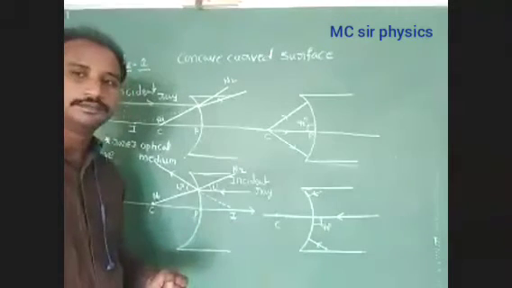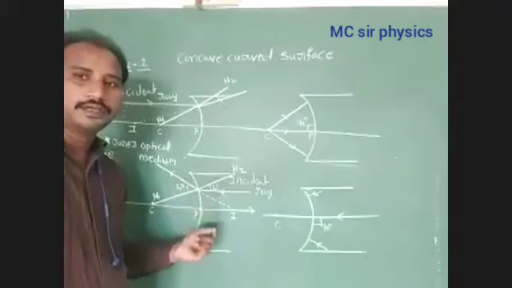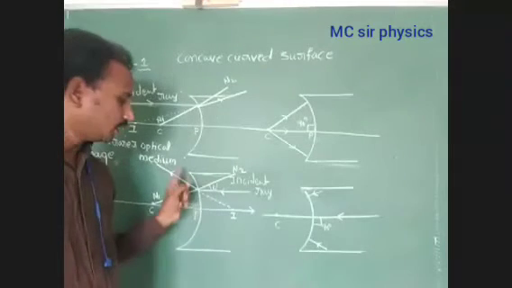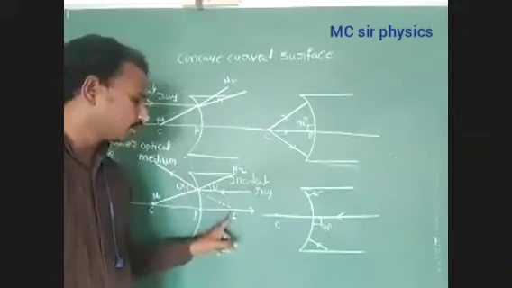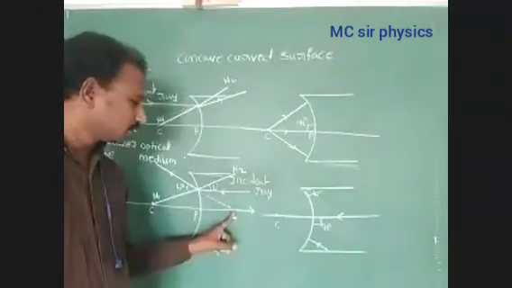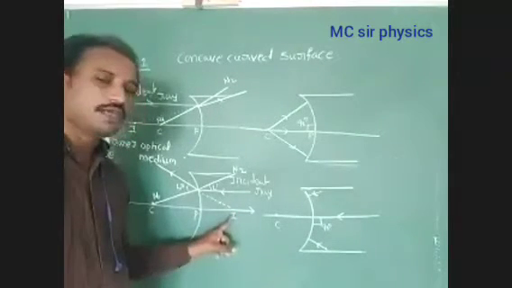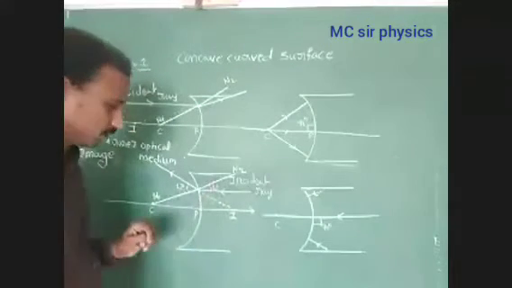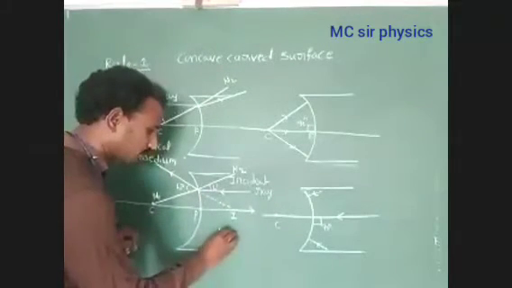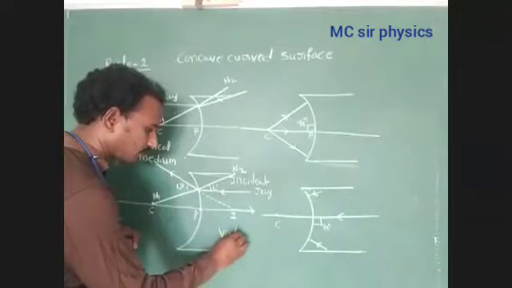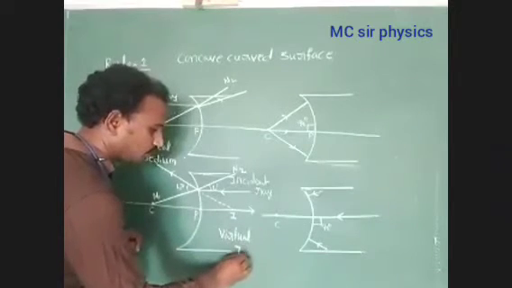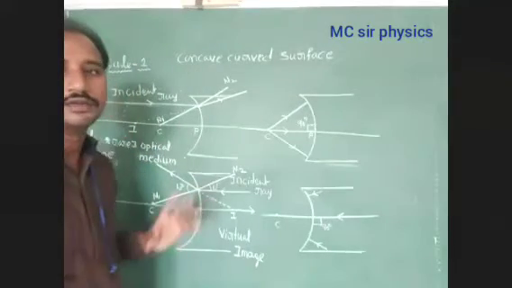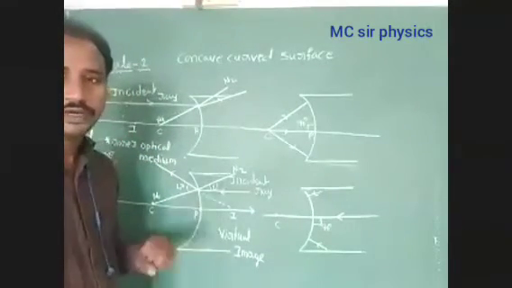Now identify this point, the virtual point. The refracted ray appears from this point. This point is also called the image formation point, and that image is a virtual image. Okay, students, do you have any doubt?